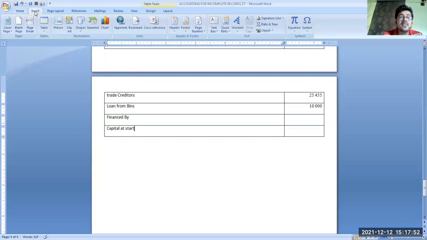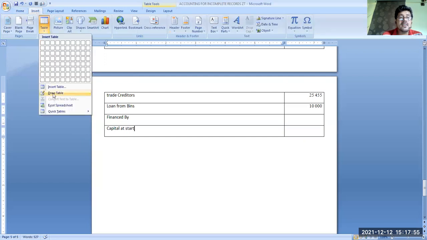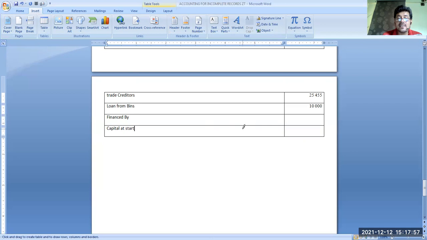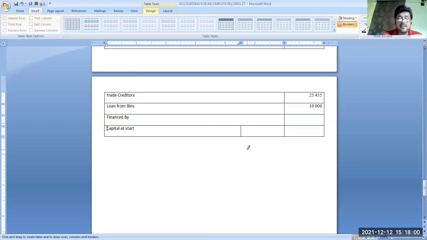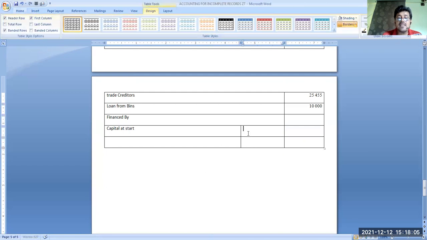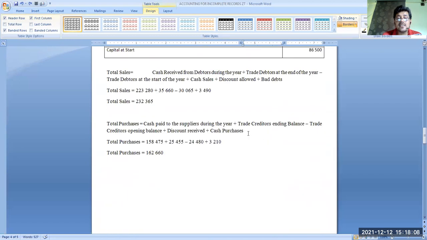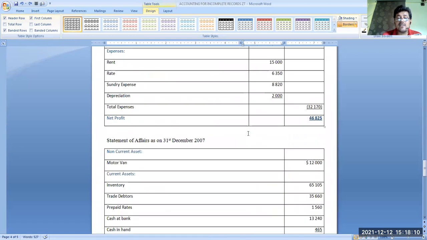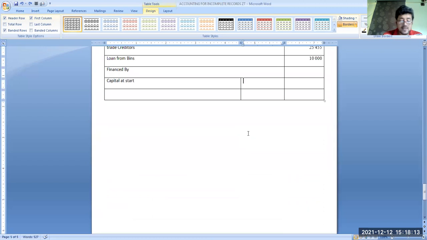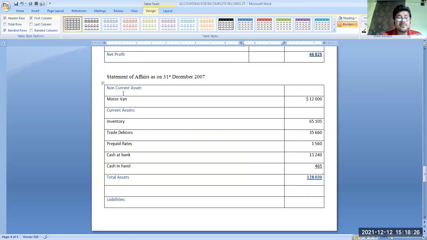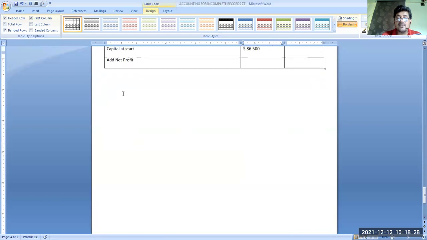That's why I asked you to calculate it. You have calculated 86,500 capital at start, add net profit. Net profit is 46,825.